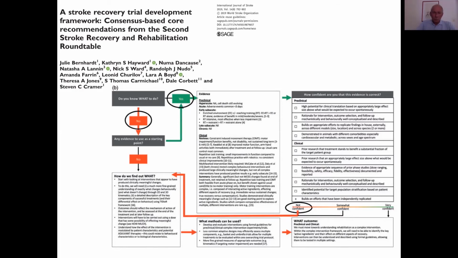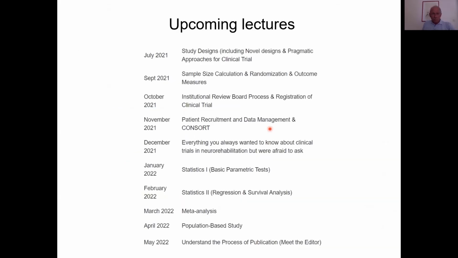So based on the pre-existing evidence, and based on novelty of intervention or funding, any kind of feasibility, the clinical phase and study design has to be decided. So I believe that the audience can learn more valuable knowledge from the upcoming webinars, starting with the study designs, which is very important.